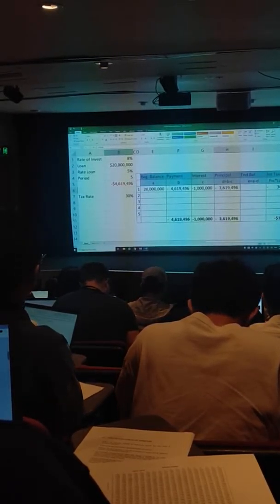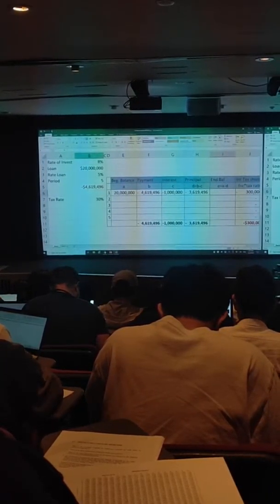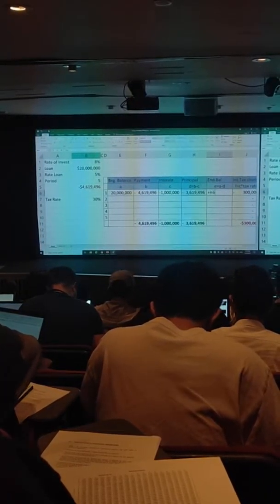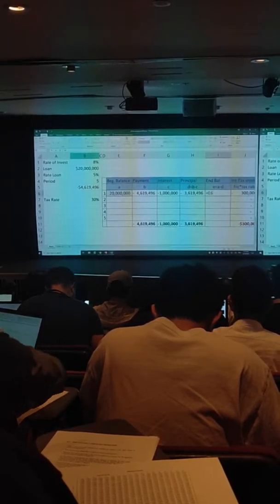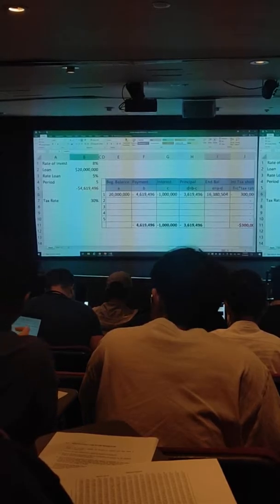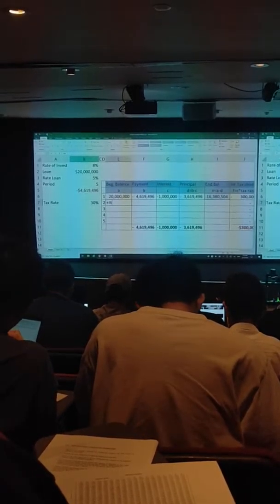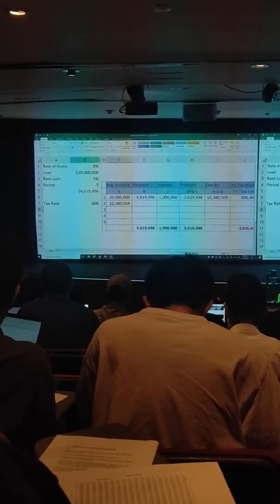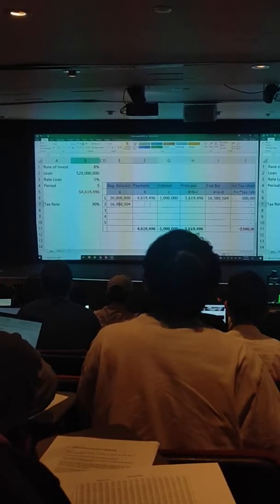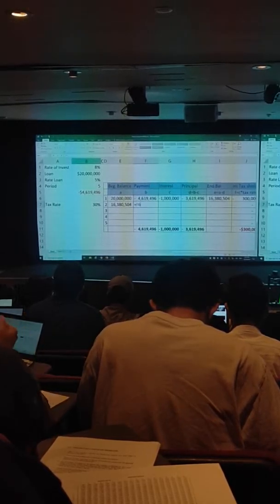So what is the ending balance on our loan? Beginning balance minus principal. This is, of course, then our beginning balance in year 2, isn't it? Your payment has stayed the same.